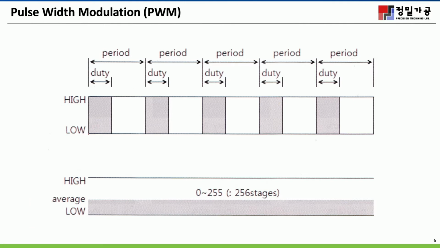Actually, your signal is like this, high and low. This high signal is called the duty cycle. I just typed DC here for duty cycle.